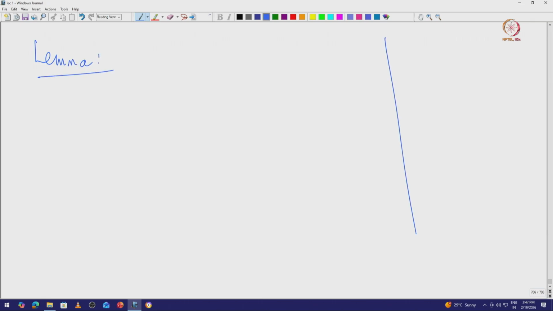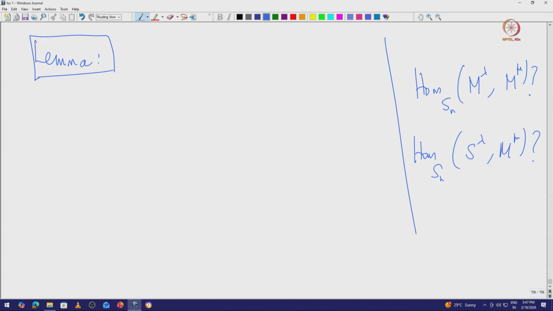Like I said, we want to understand Hom Sn of M lambda, M mu, in order to understand Hom Sn of S lambda, M mu. These are all the spaces that we are interested in and we want to understand what they are. That is why we need the following lemmas.